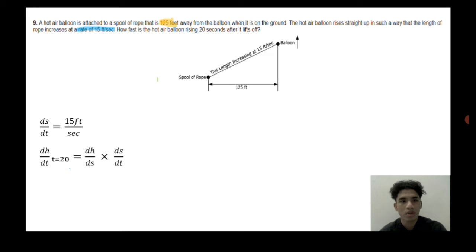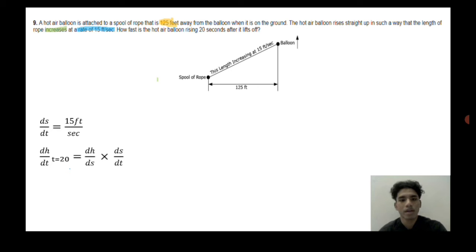So how do we know whether the ds over dt is negative or positive? Looking at the word increases, we know that this figure is positive 15 feet per second, because increases means that the value will be more, increasing in time.